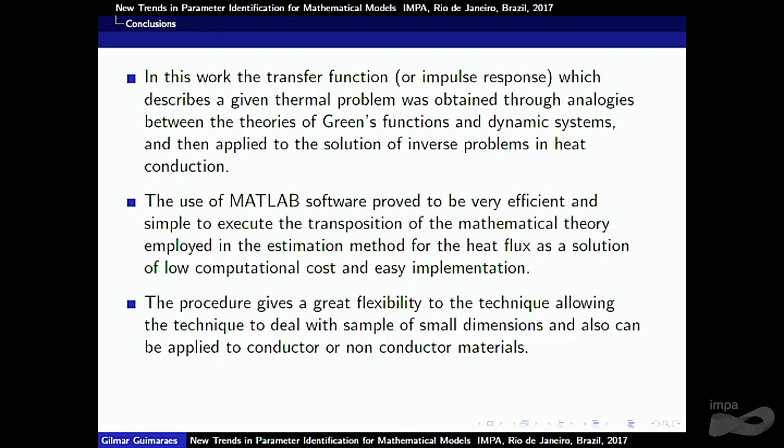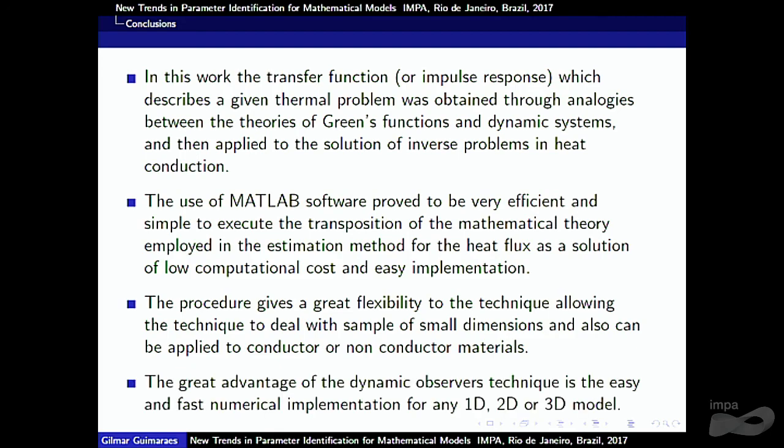The use of MATLAB is very interesting because you can work in the frequency domain, and this procedure gives great flexibility in order to work with materials of small or large thickness and dimensions, and work with conductor and non-conductor materials.